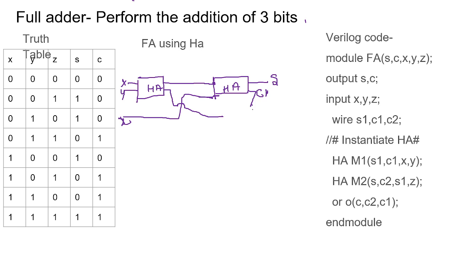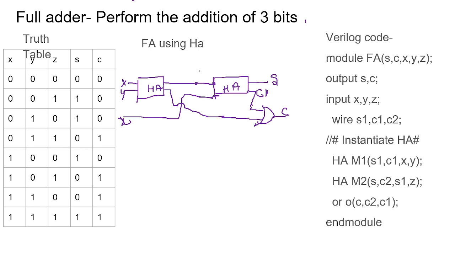Now which type of gate is required? OR gate, for the carry part. How many wires are required to define this full adder circuit by instantiating the two half adders? Three wires.